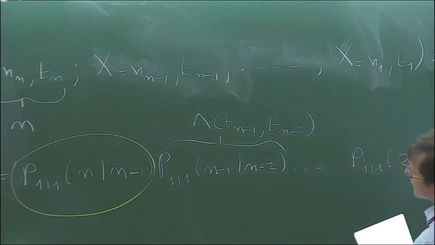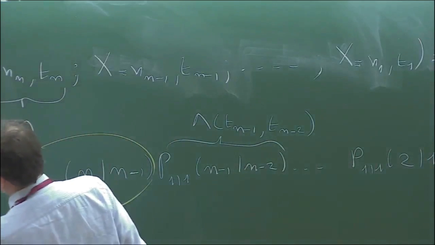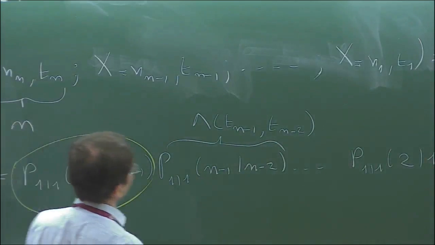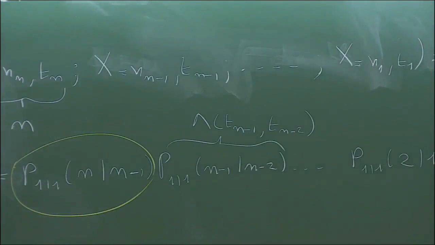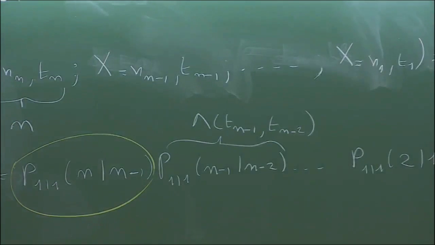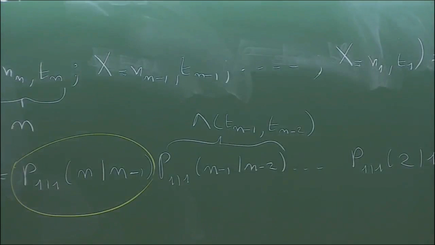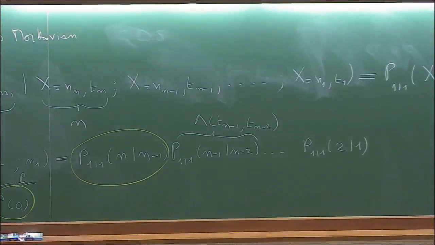And this is my probability vector. So what we have is that Markov implies the following at a classical level.